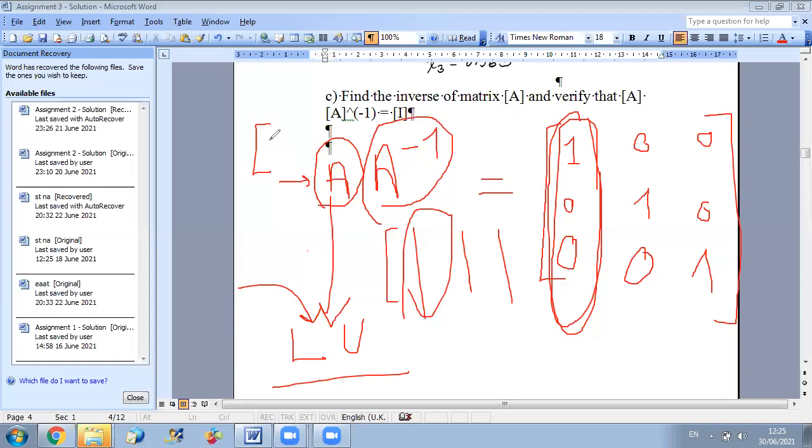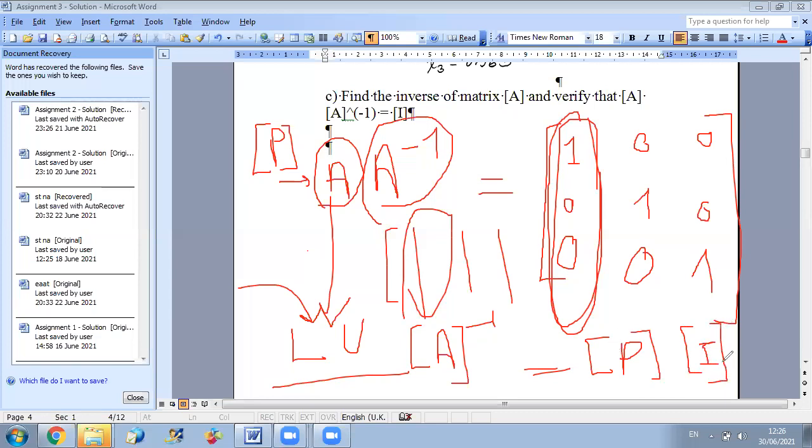Either I get the permutation matrix, and then I say L times U times A minus 1 will be equal to the permutation matrix times the identity matrix. When I do P times I, you know that the identity matrix, when multiplied by any matrix, gives the matrix itself, because it is like 1 in multiplication.